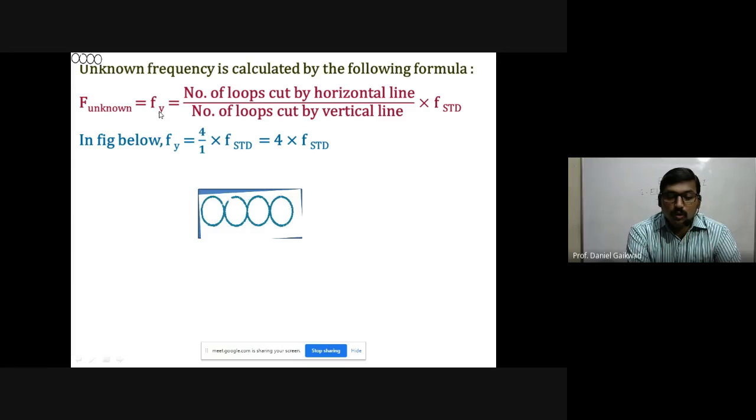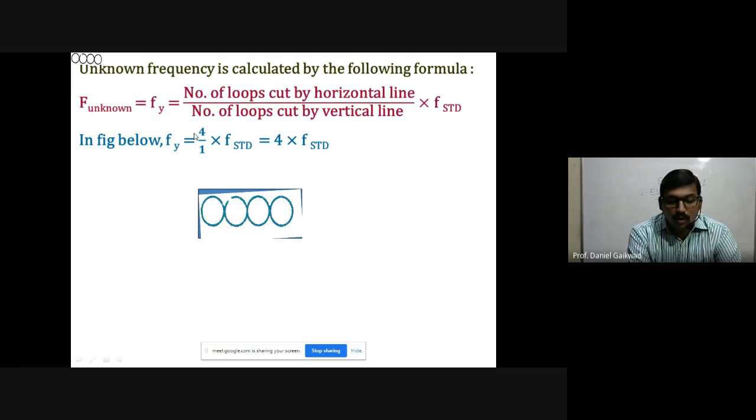F unknown is equal to Fy, that is the unknown frequency given to the Y input, times the number of loops cut by the horizontal line divided by the number of loops cut by the vertical line. Here we have observed 4 loops. So the ratio of the number of loops cut by the horizontal line and the number of loops cut by the vertical line is multiplied by F standard, that is the known frequency.